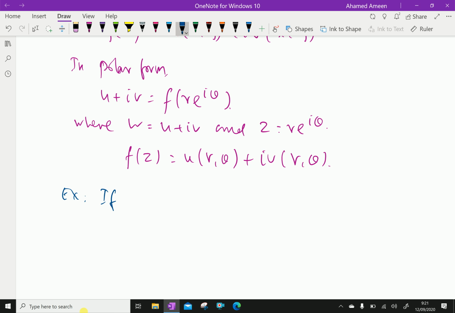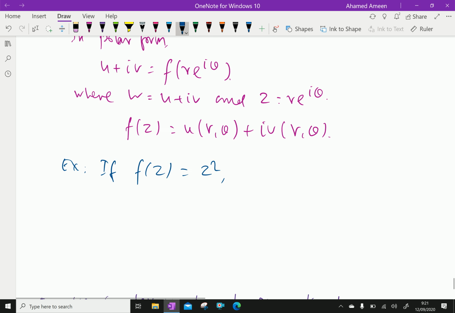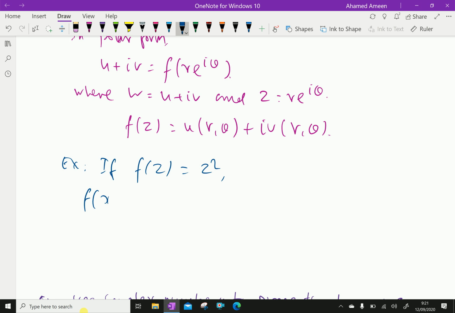Now, for example, we will do an example. If f of z equal z squared, then you can say f of x plus iy can be expressed. z is x plus iy, the square, which is equal, expanding this, to x squared minus y squared plus i into 2xy.